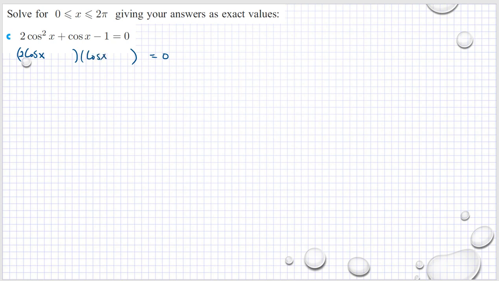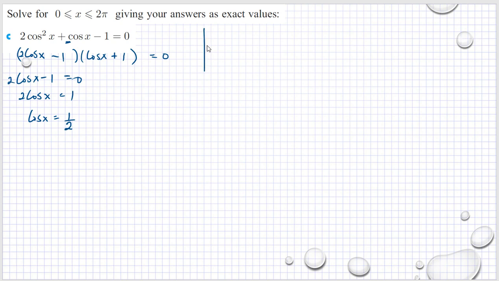We have negative 1, but we have positive 1 here. So that means 2 times positive 1 will become 2. So we have cosine x times 2 cosine x minus 1 is equal to 0. So we have 2 cosine x is equal to 1, and then cosine x is equal to 1/2.